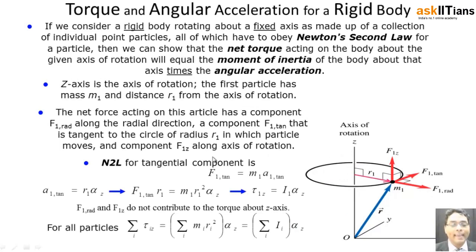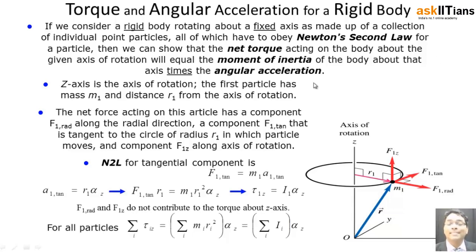So this can help us in understanding that if we consider a rigid body that is rotating about a fixed axis, so this is a rigid body, let's say, and this is rotating about this axis of rotation. In that case, all the particles are going to satisfy Newton's second law of motion. So from this we can show that the net torque acting on the body is equal to the moment of inertia of the body about that axis times the angular acceleration.